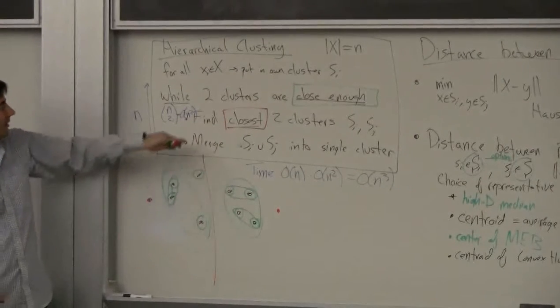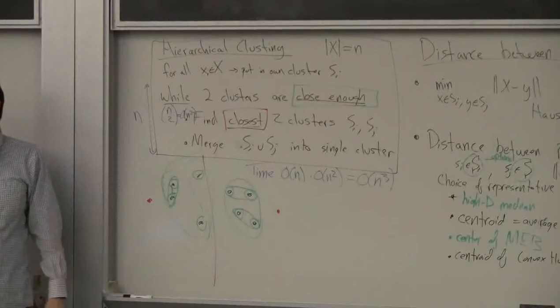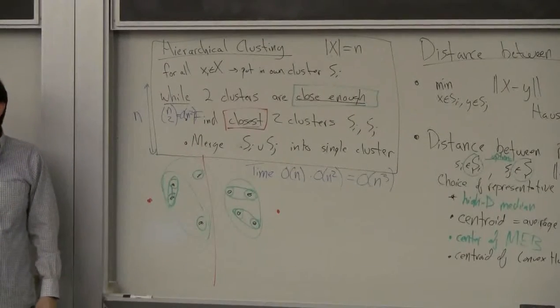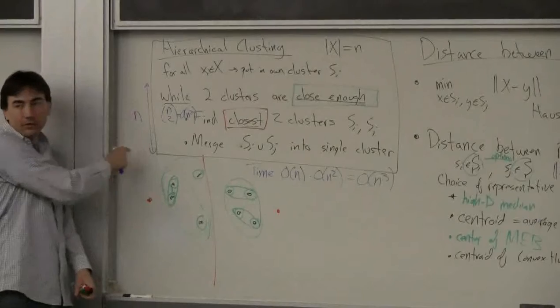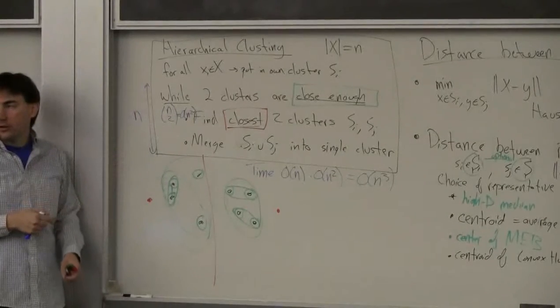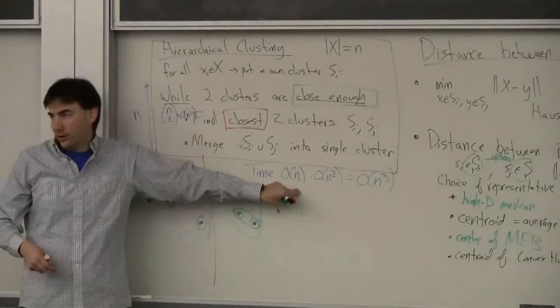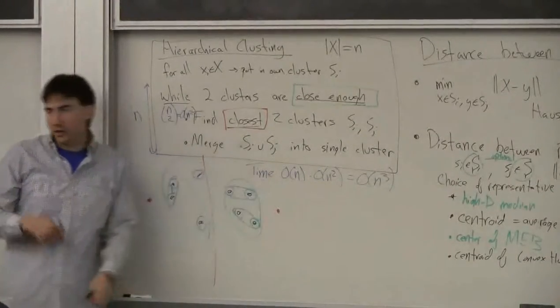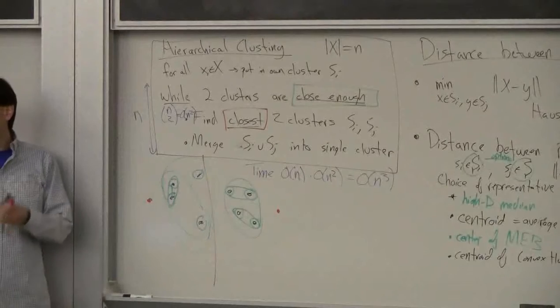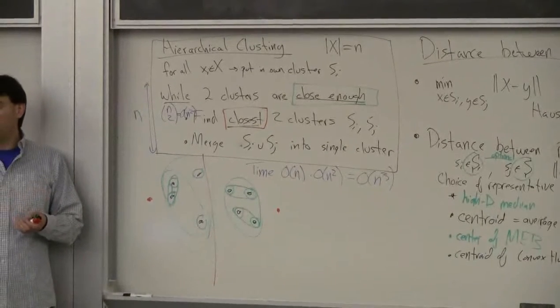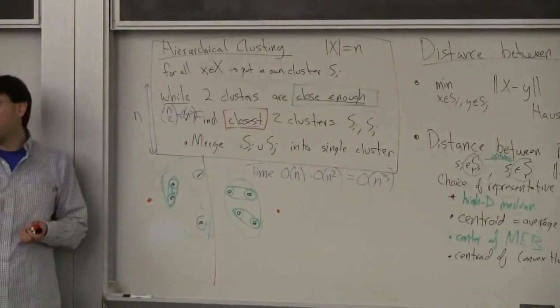Well, okay, let's just look at the first half of the times through. So I go from n to n over 2 clusters. Those n over 2 steps are enough to get this O of n part here. Each of those times I have at least n over 2 clusters, and that's n over 2.